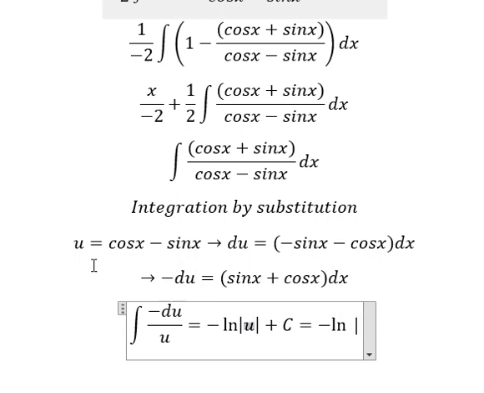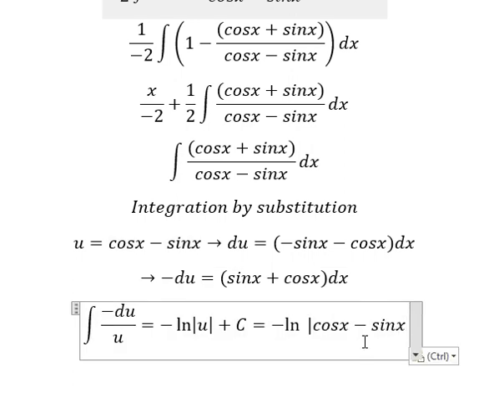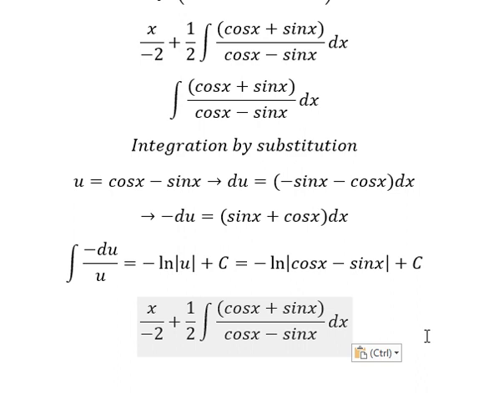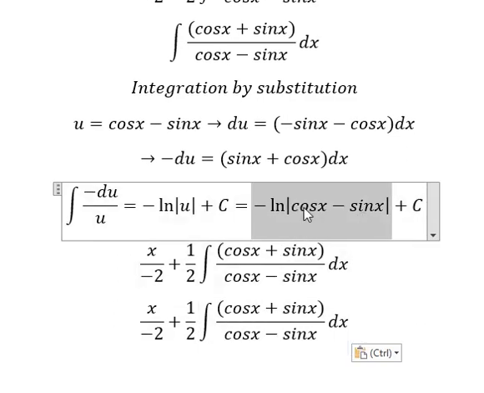About u, that is about this one. So the integration of this one, that is about this one.